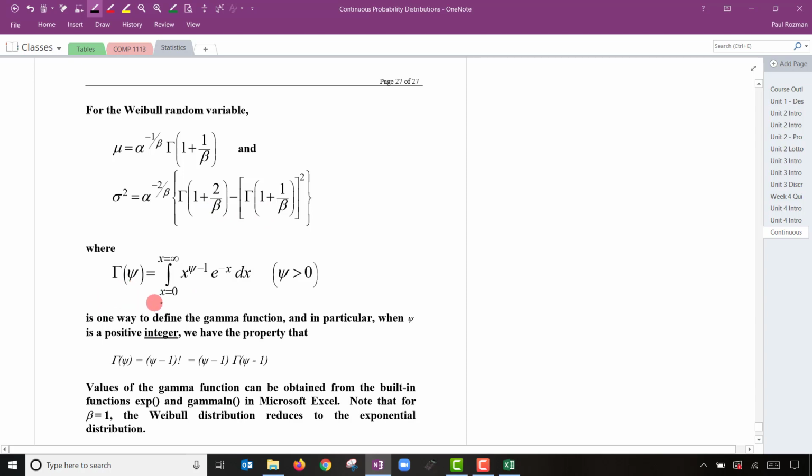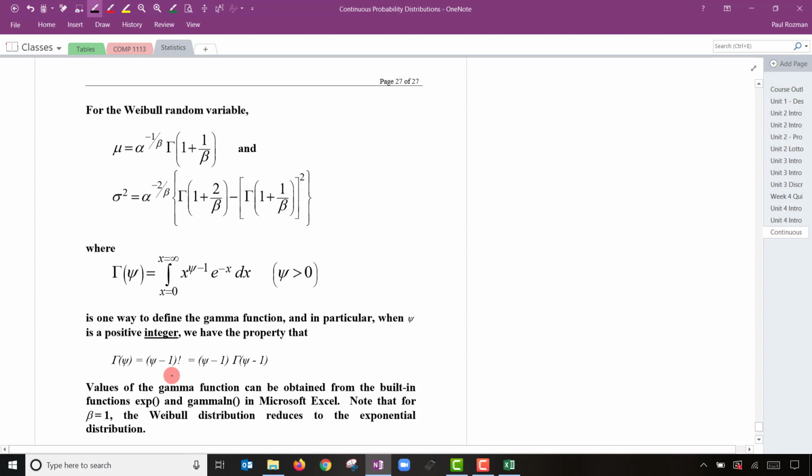It's kind of a nasty integral. Often it's one we have to numerically integrate. But it does have one cool property, that when you do gamma of an integer, then it's super easy. Like I said, gamma of psi, where psi is an integer, ends up just being psi minus 1 factorial.